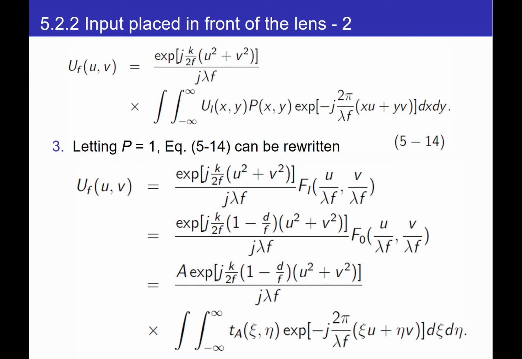And then our field at the focal point f is given by this quadratic phase with the pupil function, and this is our familiar Fourier transform factor.